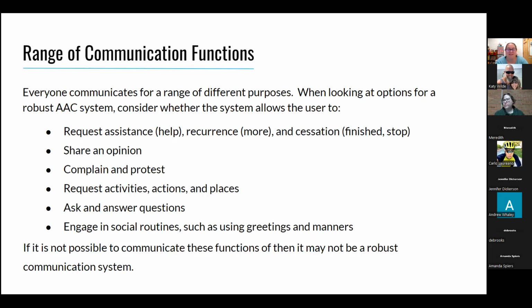And again, like Melinda said, as much as we don't want to hear our kids say, I don't want help, or no, or other choice phrases, we have to respect them as communicators. And that means giving them the words that will allow them to be just like their verbal speaking counterparts.